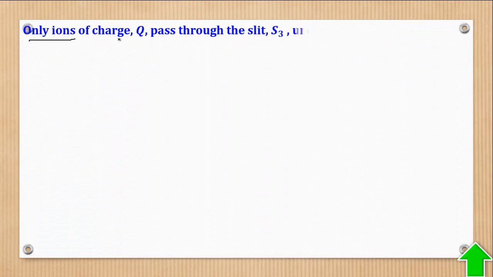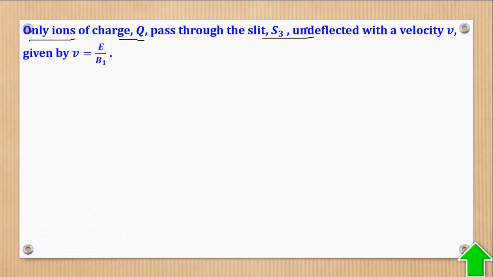Only ions of charge q pass through the slit S3 undeflected with a velocity v, which is given by electric intensity over flux density.